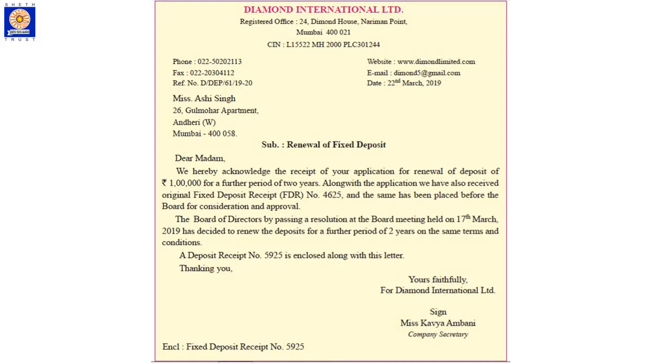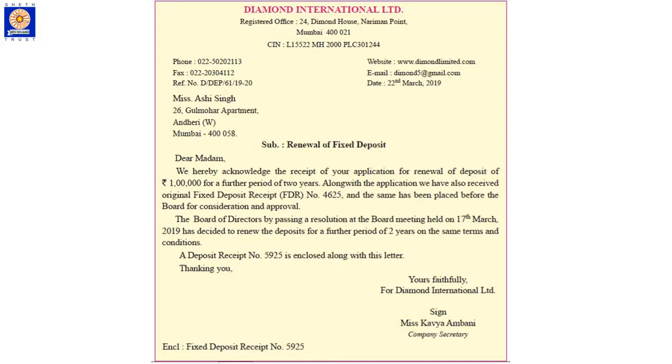And here the secretary, in the introduction part itself, is updating that his FDR of rupees 1 lakh and the period of 2 years has been received by the company, and placed before the Board of Directors for consideration and approval.